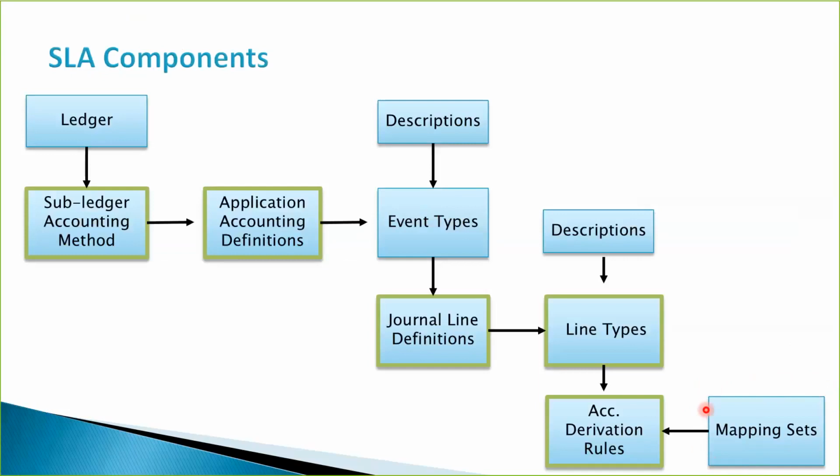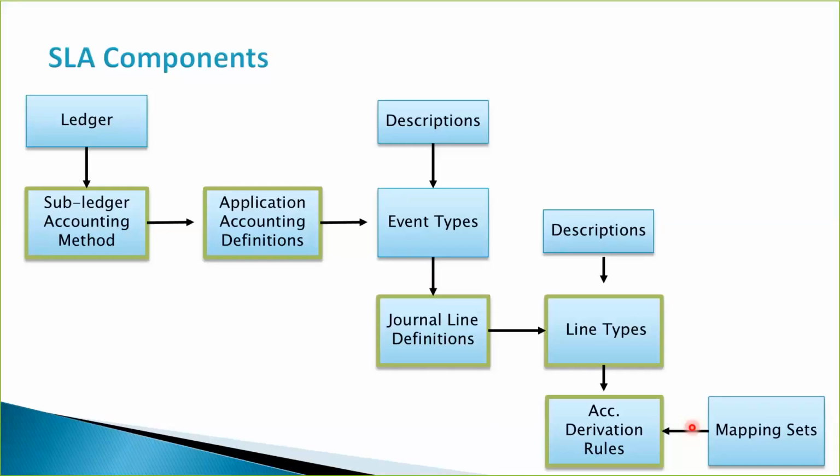Of course, the example we're using does not contain very complicated conditions, as we saw. We defined them pretty quickly, but we are using this to learn how to create mapping sets and to attach them to our account derivation rules. All right, so we are now going to go to Oracle, to SLA module, and see how to create a mapping set.